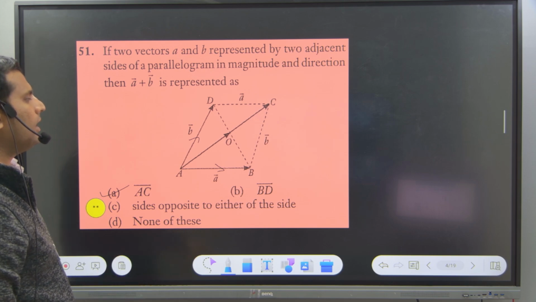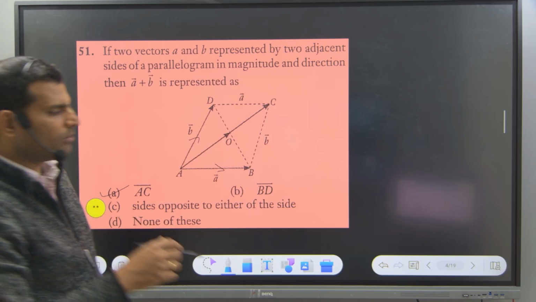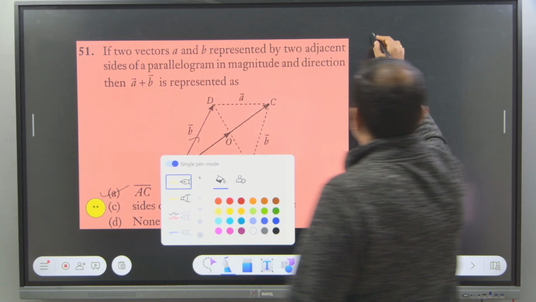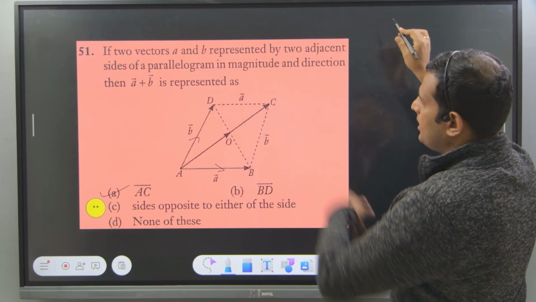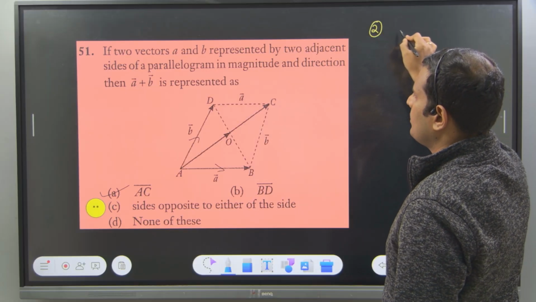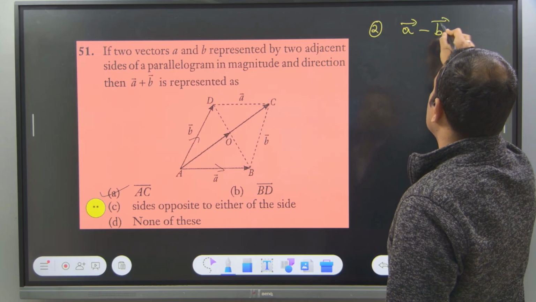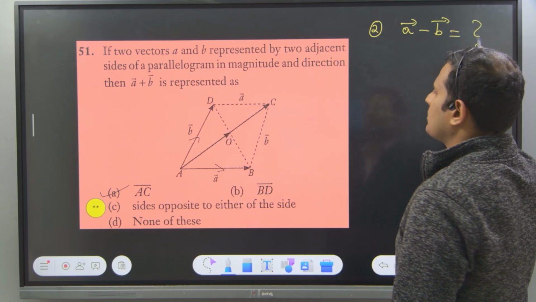Okay. Now I'll give you one more question. This is the second question. Can you tell me in the same diagram what is vector A minus vector B?